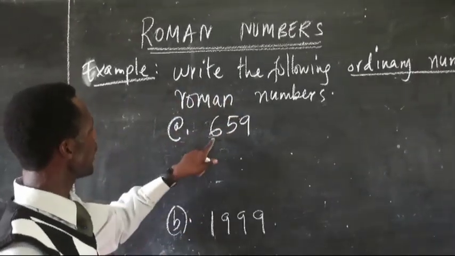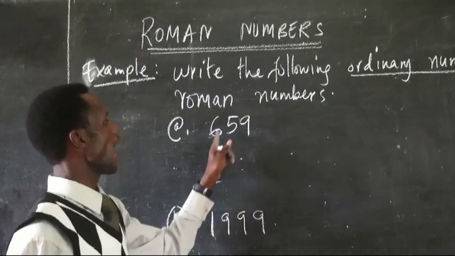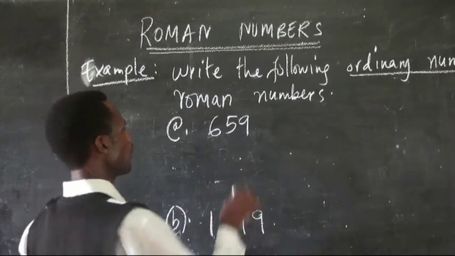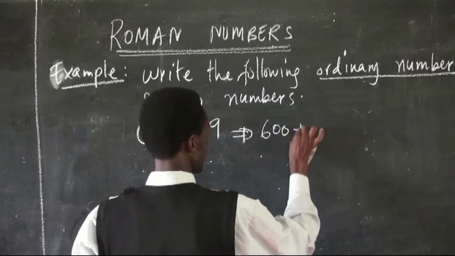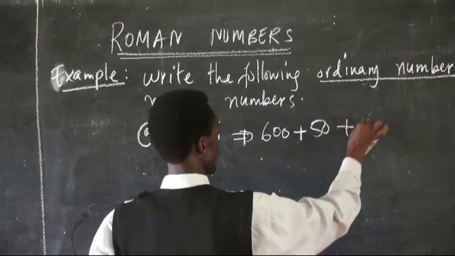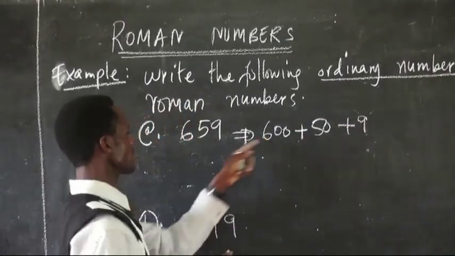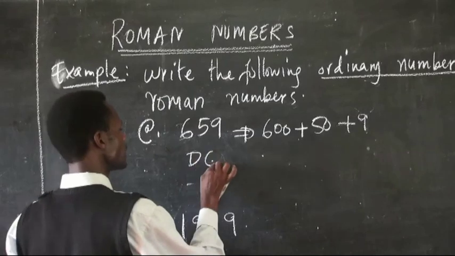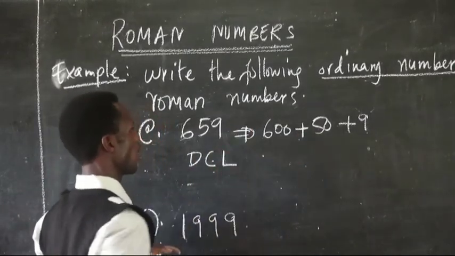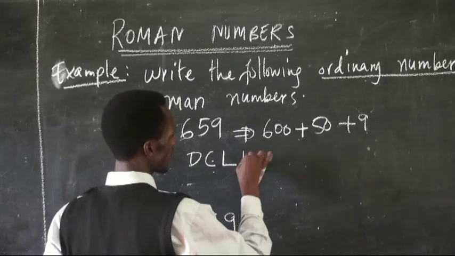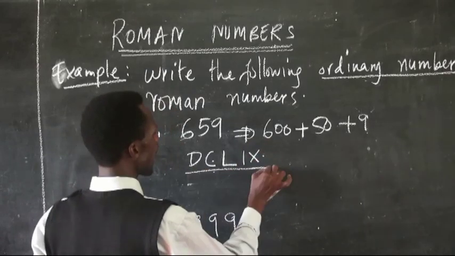For example, we read this as 659. Now, you expand it. It is 600 plus 50 plus 9. Now 600 is DC. 50 is written as L. And 9 is written as IX. So this is how we write it.